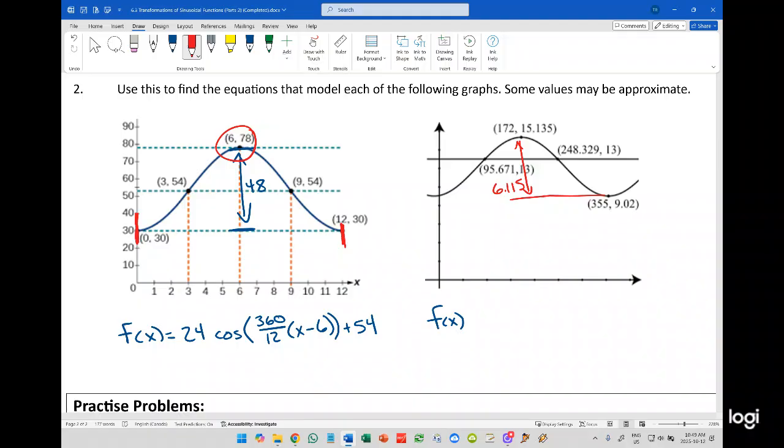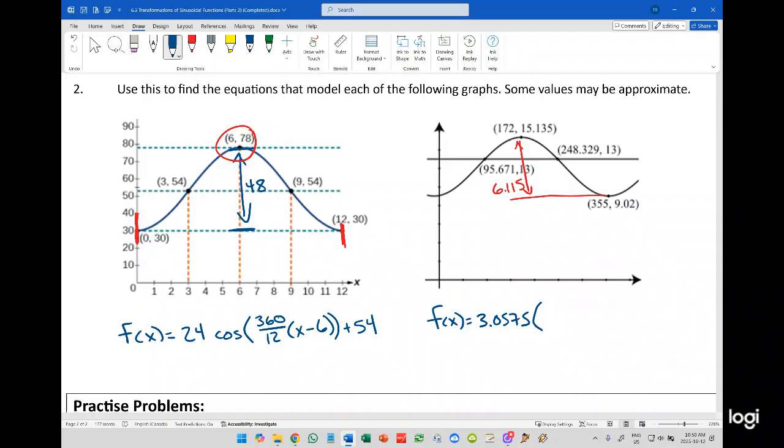And so the amplitude will be half of that, which is going to be 3.0575. Now, only because I'm working with very precise numbers on the graph am I going to bother writing that down. 3.06 is probably more than accurate enough, but we have the exact value, so we might as well.